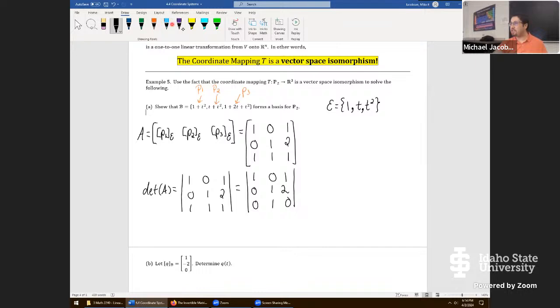Next, let's do a cofactor expansion going down this way. We take the scalar 1 here, multiply it by a reduced determinant where we eliminate this row, this column, and carry in 1, 2, 1, 0.